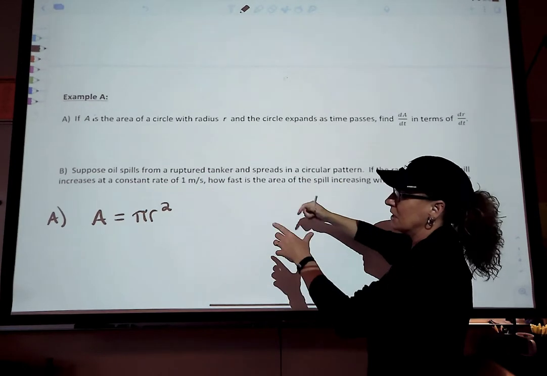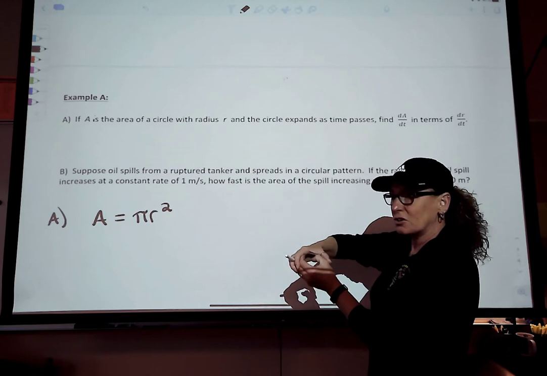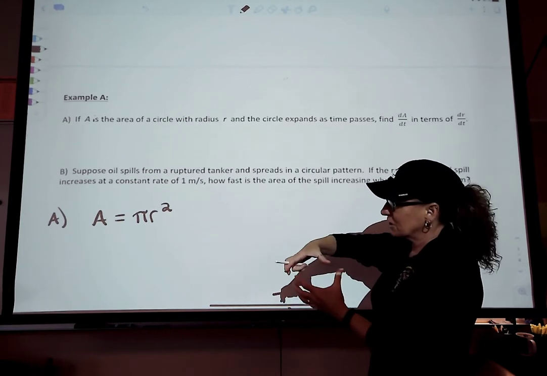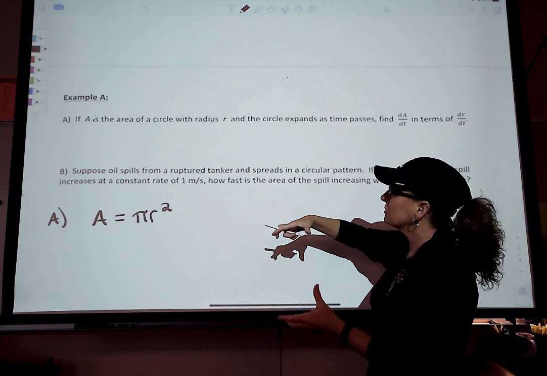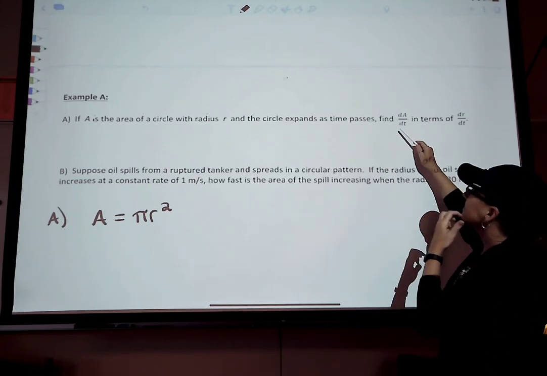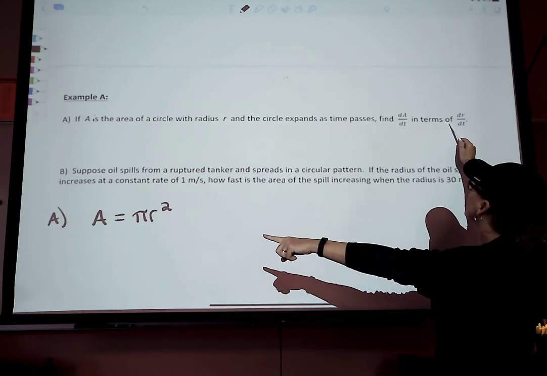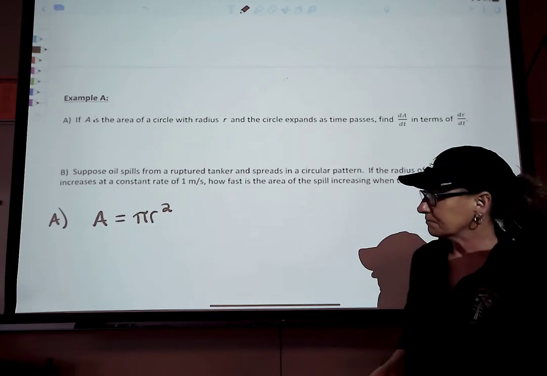What's going to be happening here is we're going to picture a circle expanding uniformly. We're going to picture a circle expanding like an oil spill. And it says, find the derivative of A in terms of dr dt.